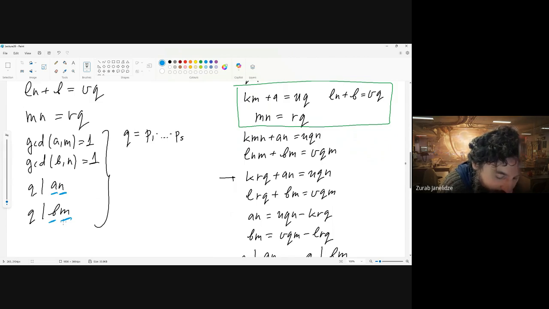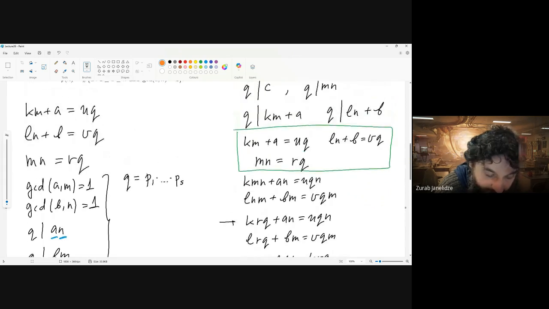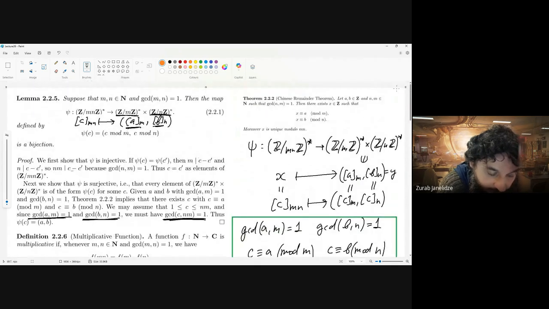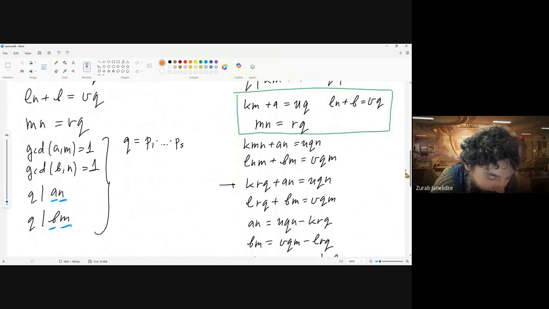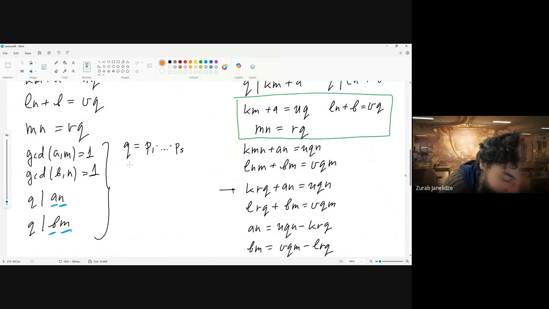And we know that N and M are also coprime. That's another thing we know, right? We know that from here. So we know that none of these prime factors of Q can be at the same time in N and M, right? But also none of them can be in A and M because of that.